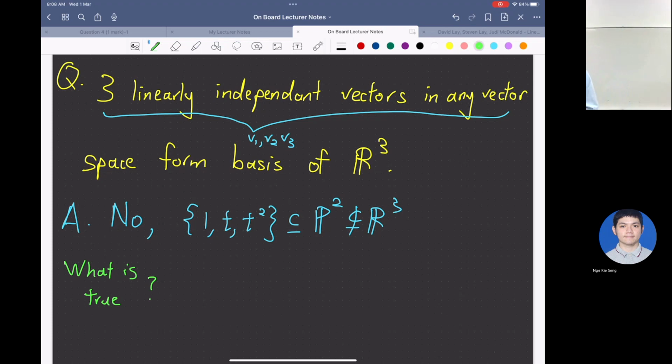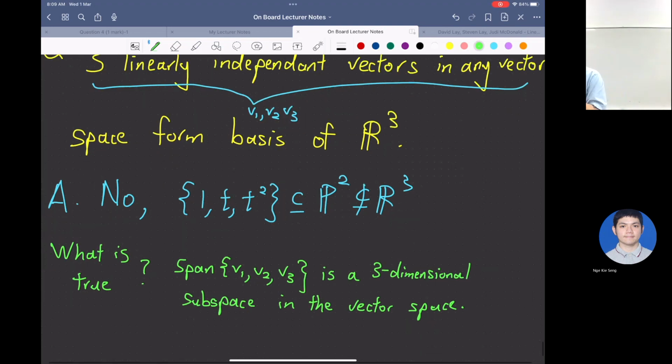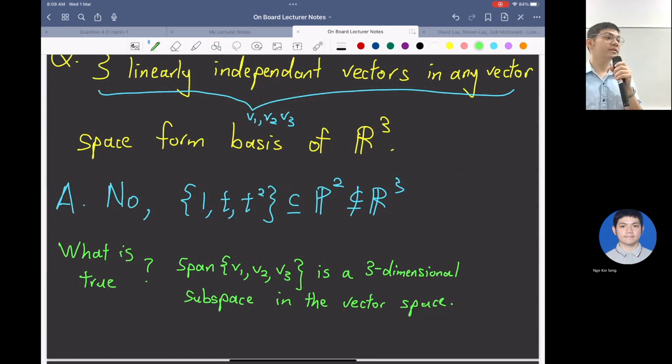If we take the span of V1, V2, V3, the linear combinations, the subspace spanned by these three vectors, then this is a three-dimensional subspace. If you consider their linear combinations, they form a subspace in their vector space, which is three-dimensional. Not R3, but a three-dimensional subspace.